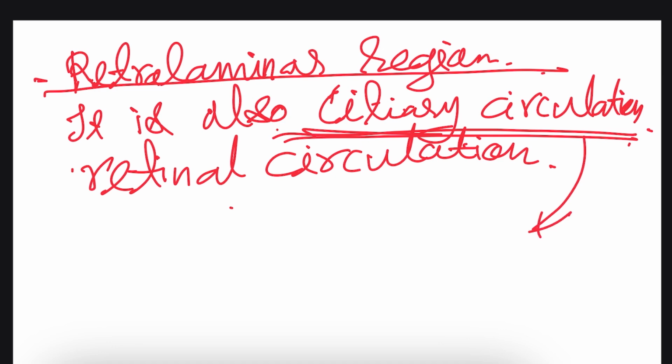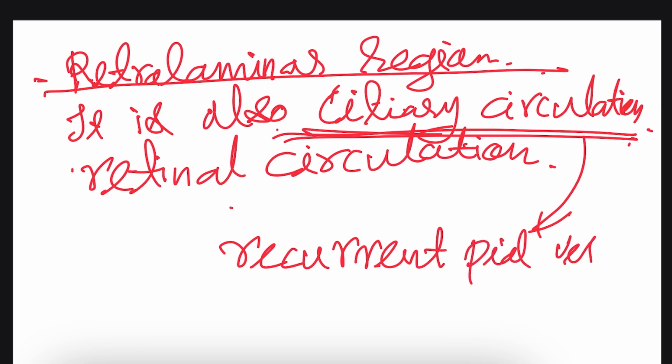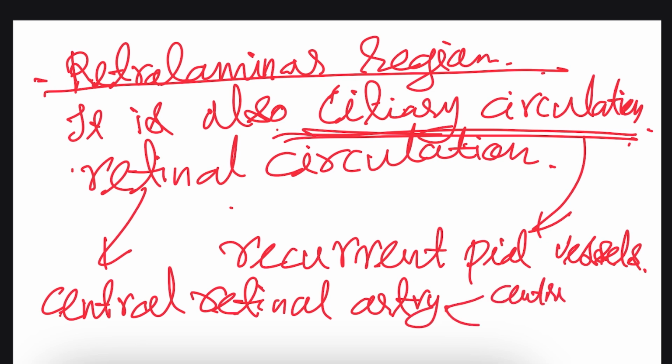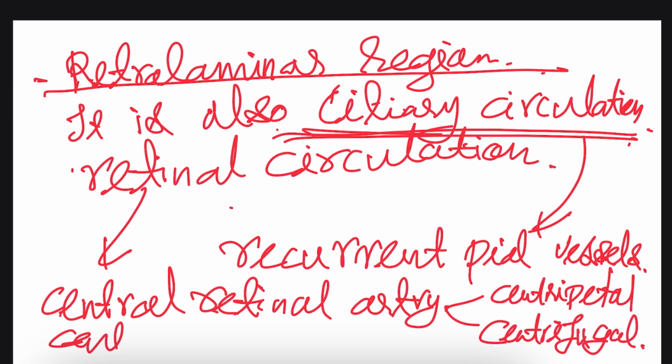In this case the ciliary circulation is coming from the recurrent pial vessels, and the retinal circulation is coming from the central retinal artery, which gives both centripetal and centrifugal branches, and the centripetal branch comes from the pial plexus.